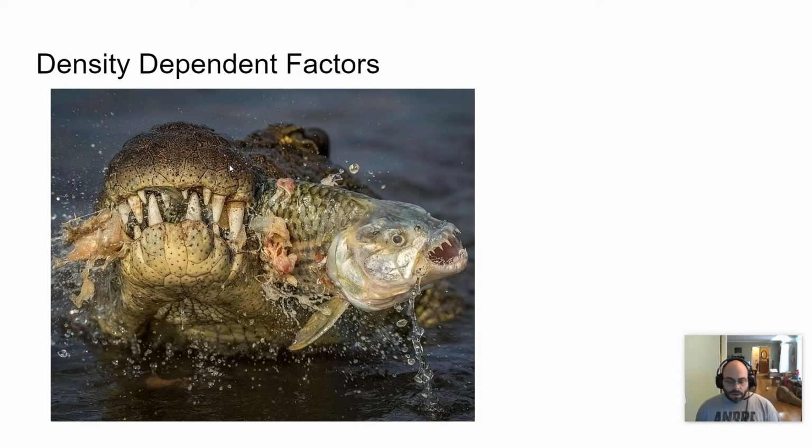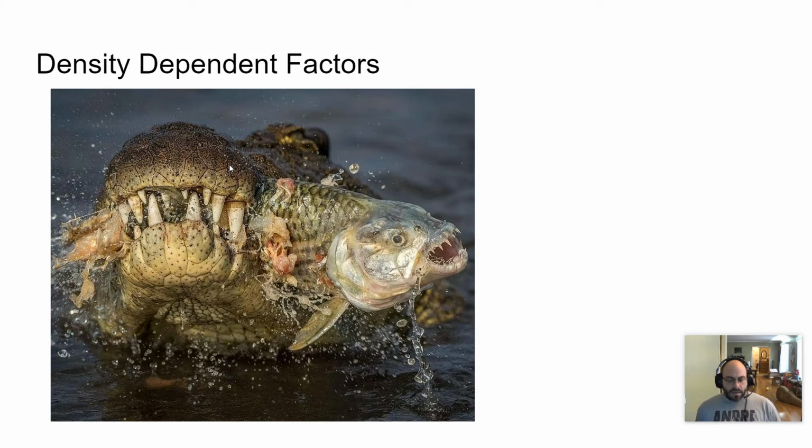And so, a great example of this would be like competition for resources. In a very densely populated area, there's going to be a lot more competition. Disease in a very densely populated place is going to have a lot greater effect than in a sparsely populated place. Predation, as we see in this picture here.